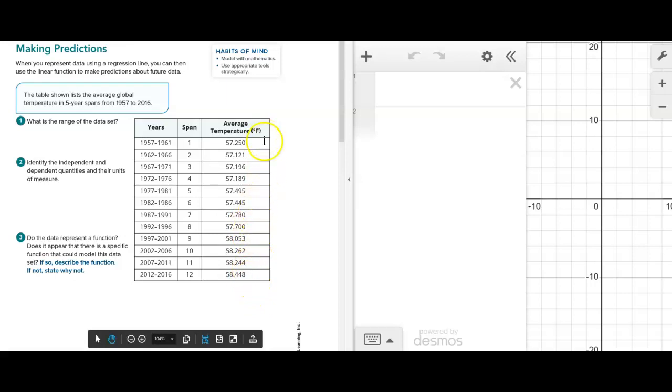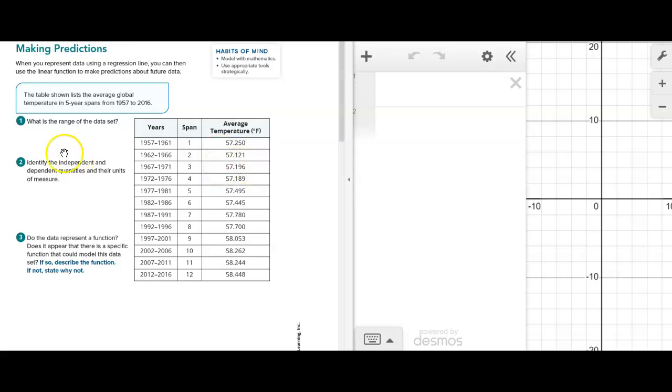Now keep in mind, sometimes between 2 spans, the temperature goes down. So if you look at from span 1 to span 2, the temperature goes down a little bit. And if you look at span 2 to span 3, that temperature goes up a little bit.